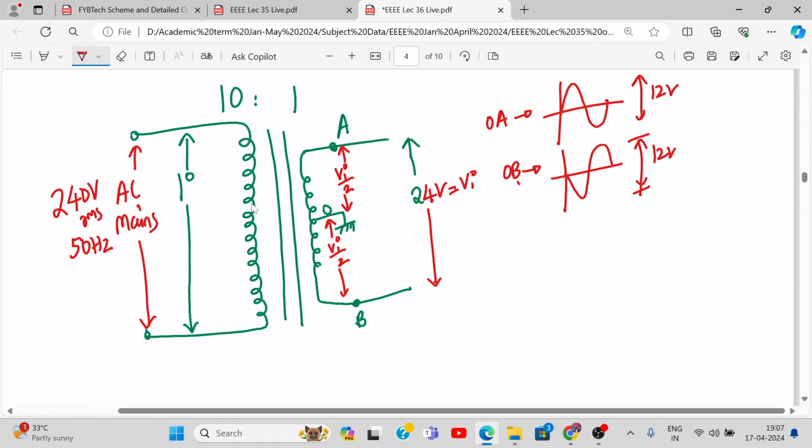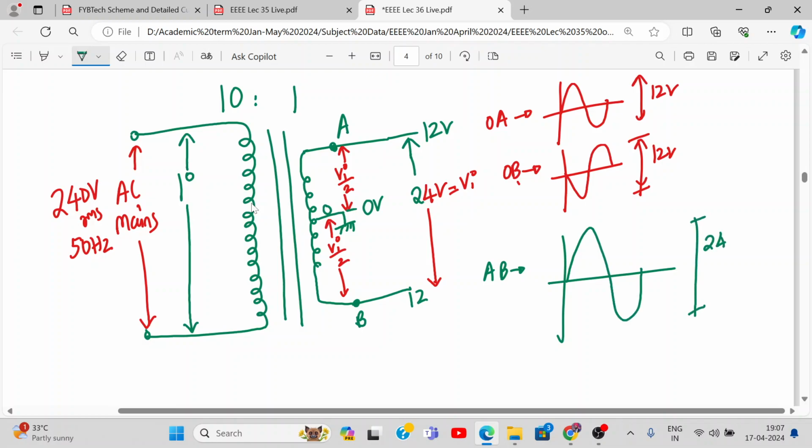Now at point A, if you measure the voltage it will read 12 volt. At O if you measure the voltage it will read 0 volt. And at B if you measure the voltage it will read again 12. If you plot A and B you'll get the waveform like this. It will be A minus B, so both the waveforms get subtracted and the total peak will be 24.